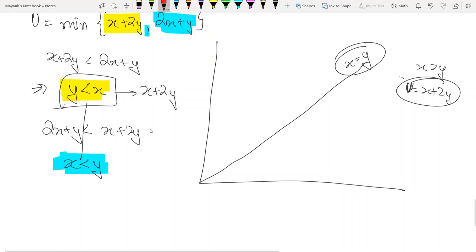So roughly draw it something flatter than your 45-degree line. Okay, so minus 1 by 2. Now what's the story on this side? The opposite. This is your x less than y side, so the utility function will be 2x plus y.